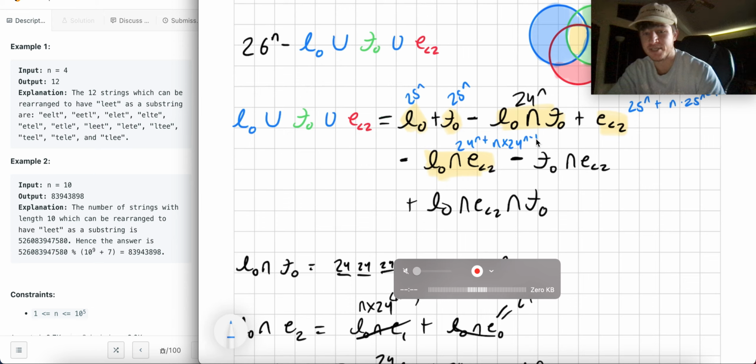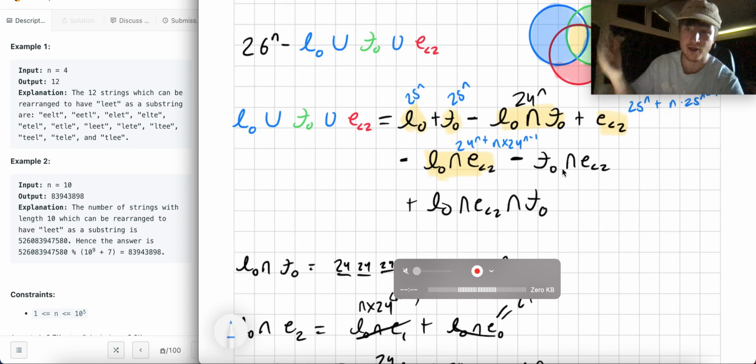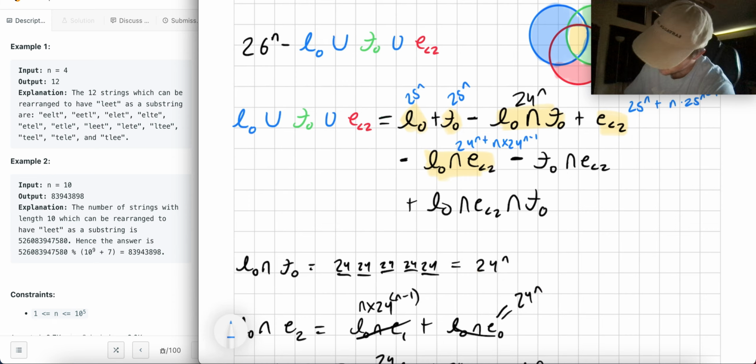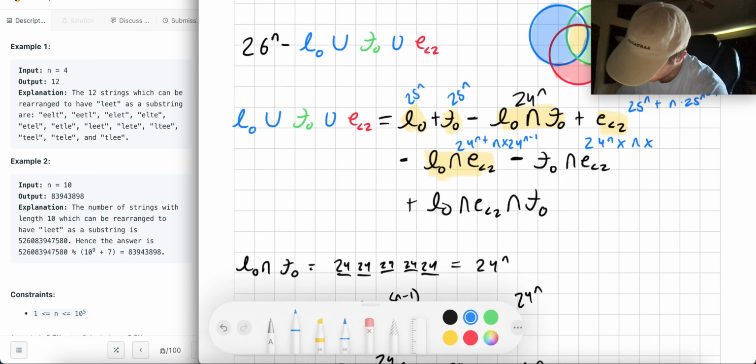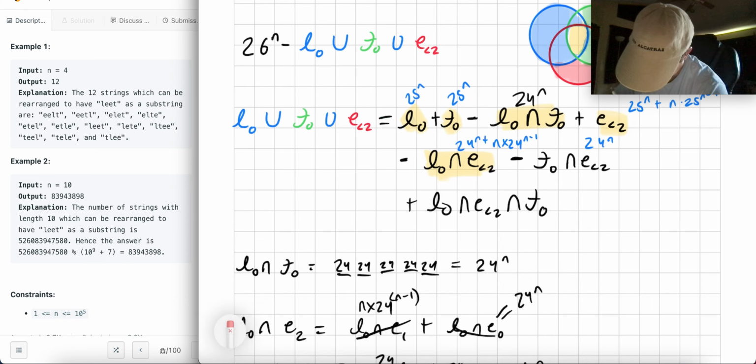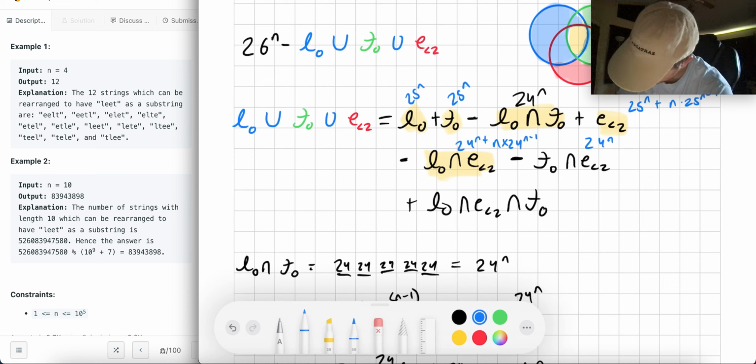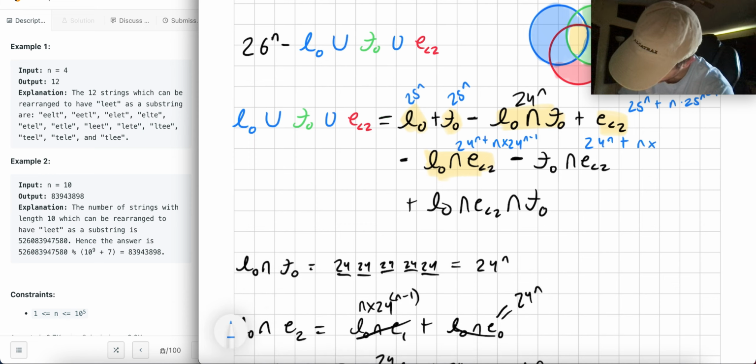Here I can't have a T, but it's the same exact kind of problem, right? I'm just exchanging the L for T. It's just another letter that I can't have. That's not E. So this would also be 24 to the n plus n times 24 to the n minus 1.